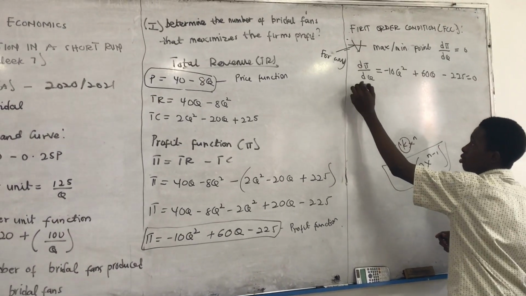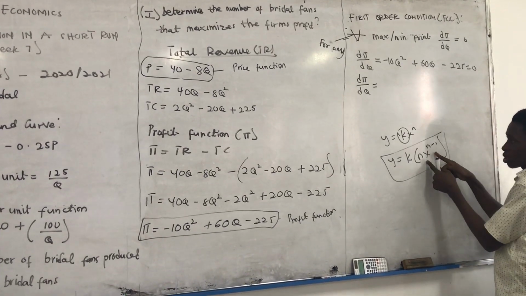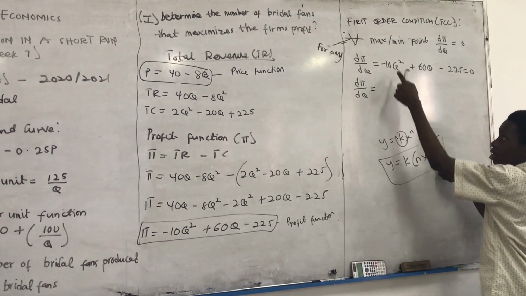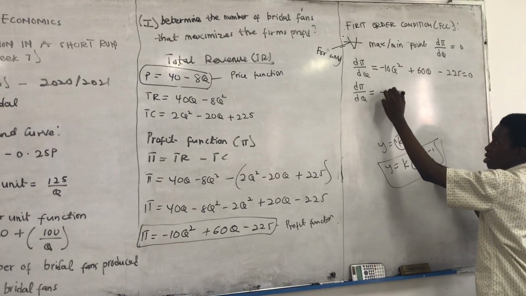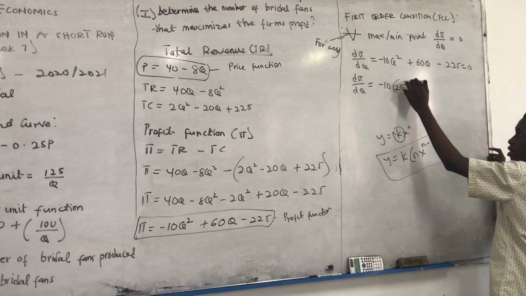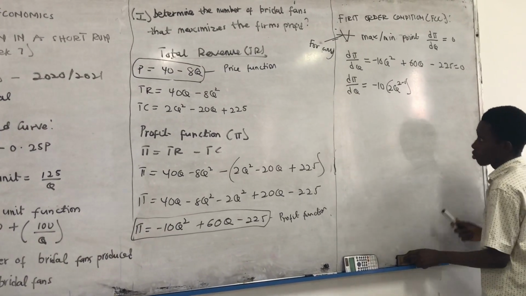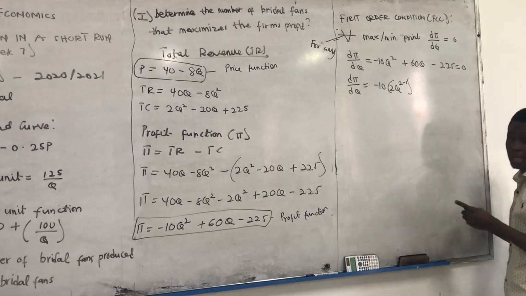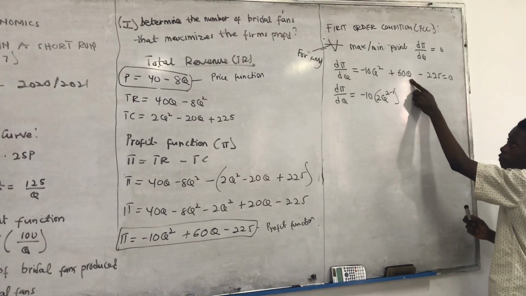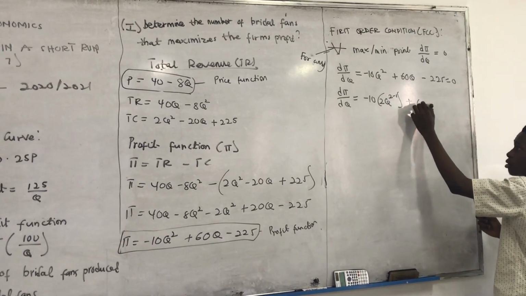So we have the derivative of profit with respect to Q. Based on this side, we bring the power in front, meaning that negative 10 is constant. So there's negative 10, there's the 2, Q to the power 2 minus 1. When you are differentiating with respect to a variable, 1 minus 1 is 0, so you only have 60 here.